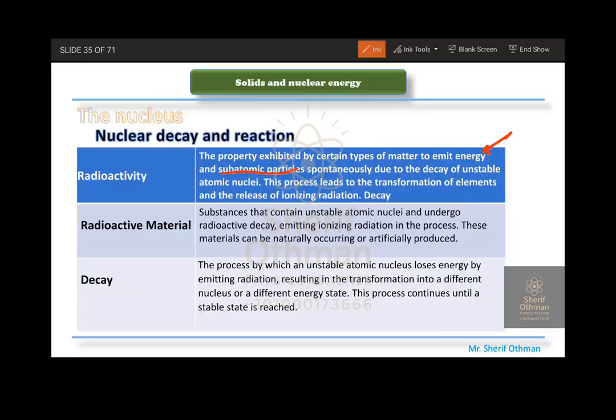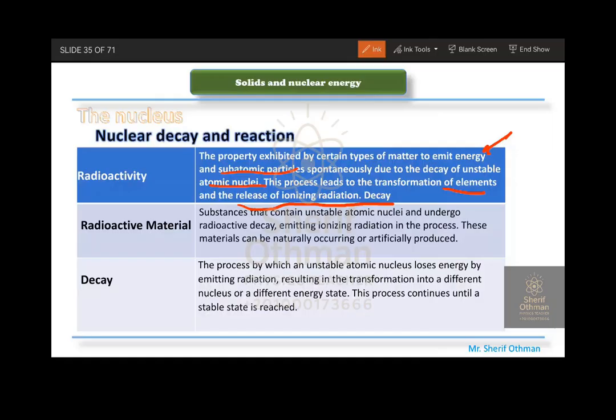Spontaneous means without any interference, due to the decay of an unstable atomic nucleus. We are talking about the nucleus itself. This process leads to the transformation of the element and the release of ionizing radiation.